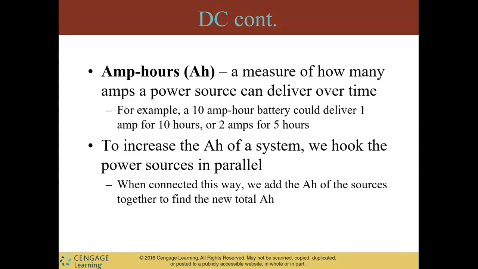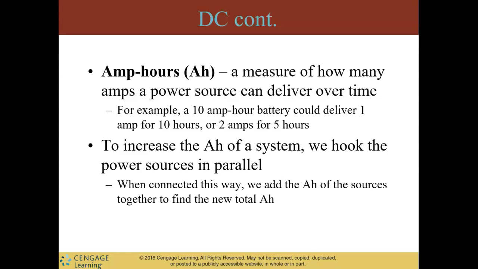DC circuits are the type of circuits you would get if you wire up batteries. Batteries provide DC power, and the way that you wire together your batteries is going to affect the amp hours that you can get out of that circuit, how much power can be delivered over time.